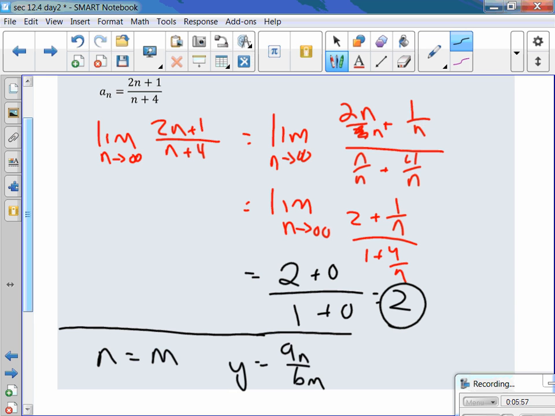This technique is a lot more important. Why? What did you have to memorize to do this? What did you have to know to do this problem here? You have to remember to just divide by the what?